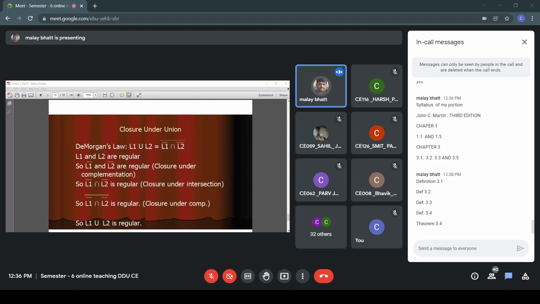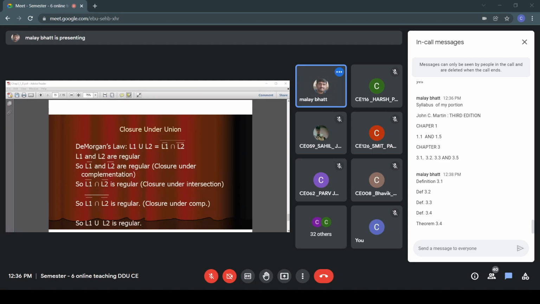So these are the gray blocks of your chapter 3, which are the theorems and definitions. If you have any query right now, you can ask regarding the syllabus of my portion. I am talking about chapter 1 and chapter 3 only.